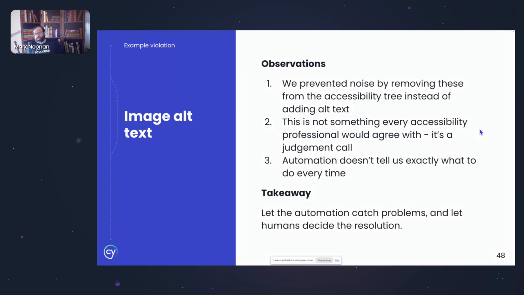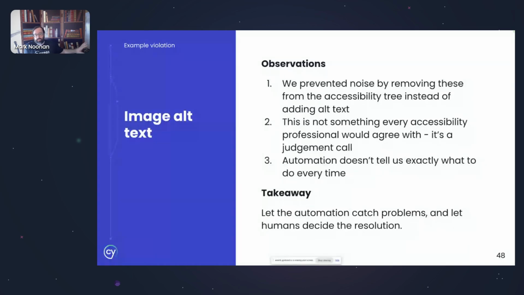And when we looked at the images, as I said, we decided these were noise. So we decided we're going to remove them from the accessibility tree, not put repetitive text all throughout the application every time one of those is used as a visual signifier of a user. In certain situations, the profile image is the only way that you can learn about the visual presentation of somebody. So this is something that accessibility professionals in different contexts would say you should describe in rich detail exactly what a person's profile image is, because it's a part of how they're presenting themselves online.